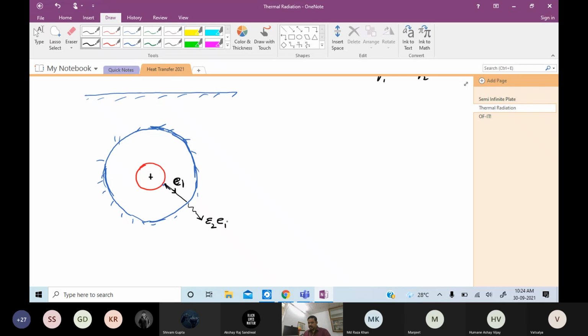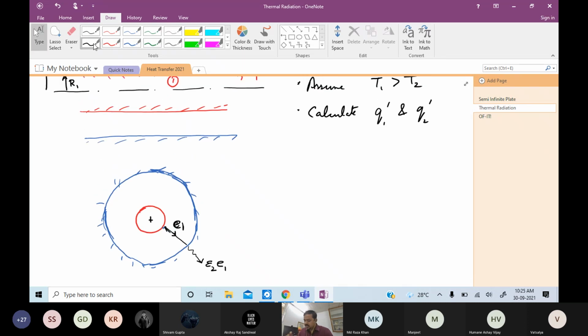Rest will be reflected. And this reflected ray will go where? Earlier it was just going back to surface 2, but here it is going to have two parts. Part of it will go back to surface 1, part of it will be reflected back to surface 2 itself, because the shape factor of surface 2 with respect to itself is not 0. Okay, so keep that in mind.